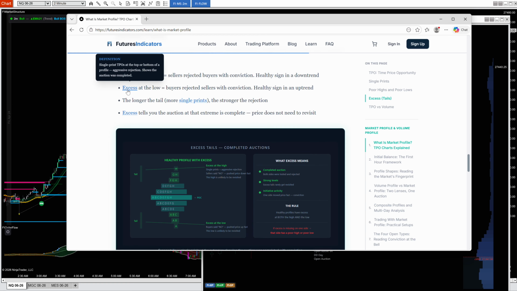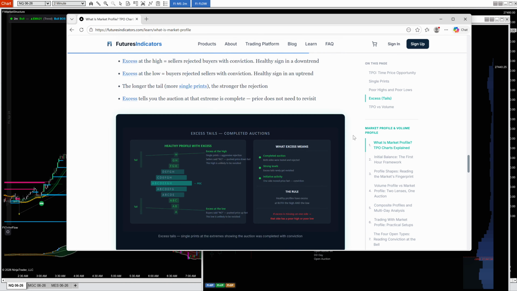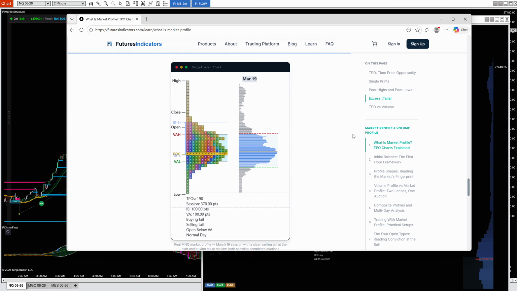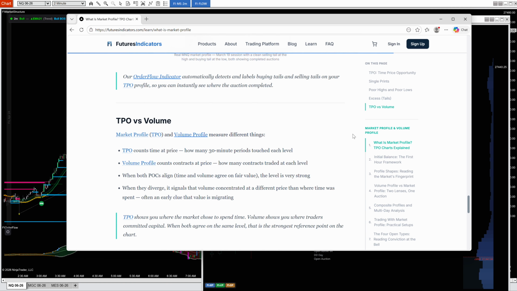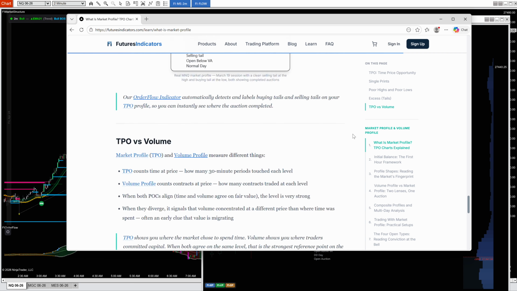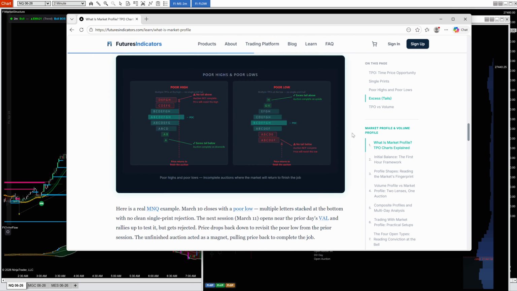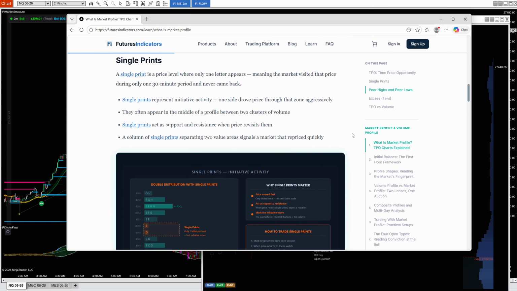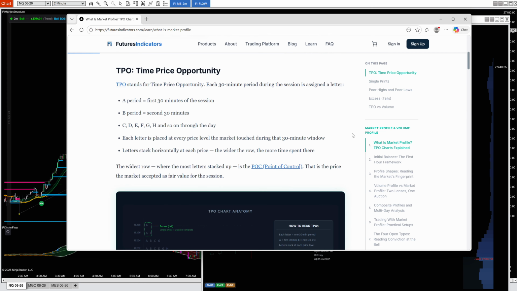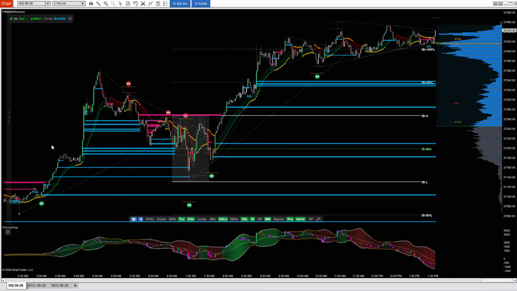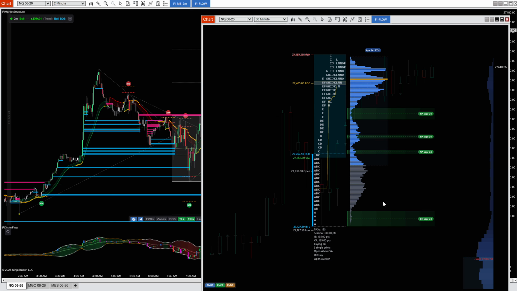There you go. Excess at the low. Buyers rejected sellers with conviction. Healthy sign in an uptrend. So this gives more information on the profile if you want to look at it. But we had buying tails and single prints and a breakout of the initial balance.